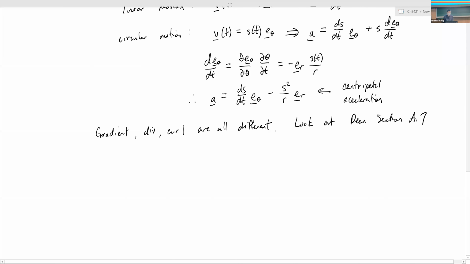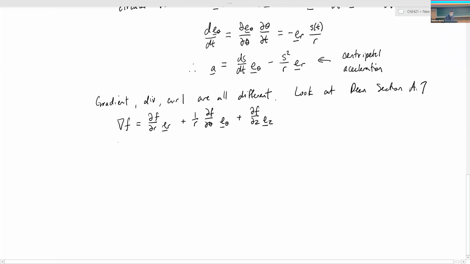Just to give you a quick preview, the gradient of a scalar actually looks like this. The divergence of a vector in cylindrical coordinates looks something like this.